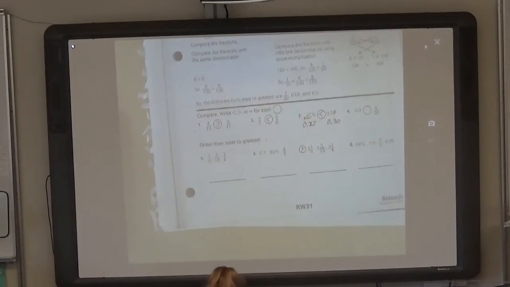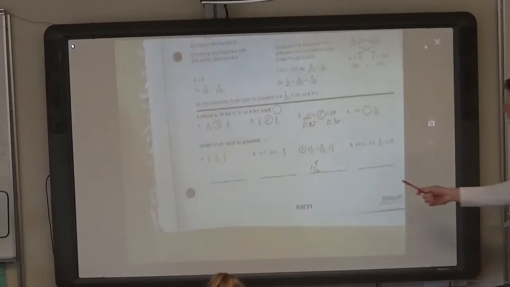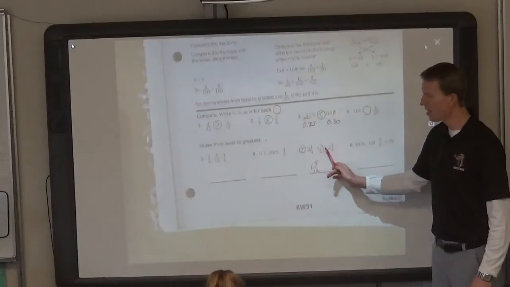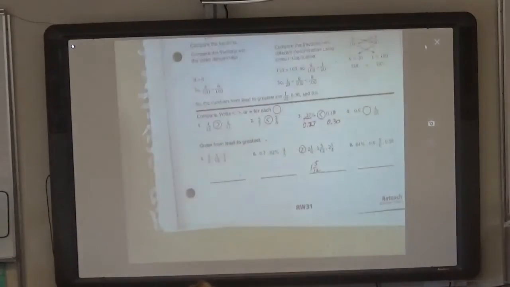The lowest. Yeah, exactly. Look at the whole numbers first. In this one, 1 and 5/12 is the lowest because that one only has one whole, versus the other have 2 wholes.